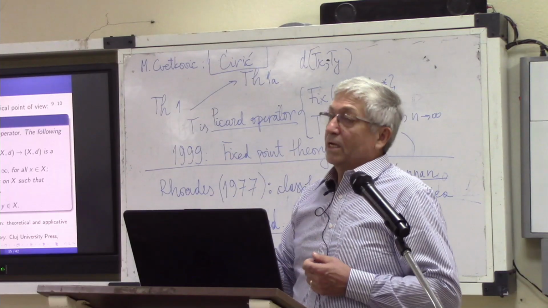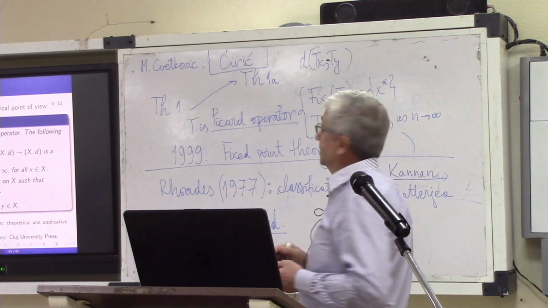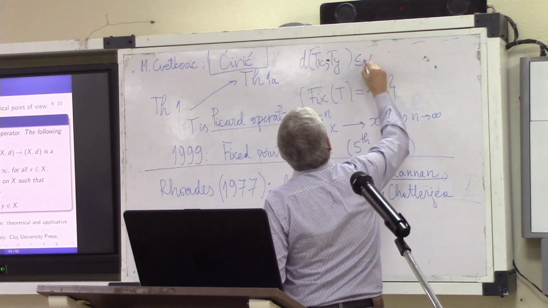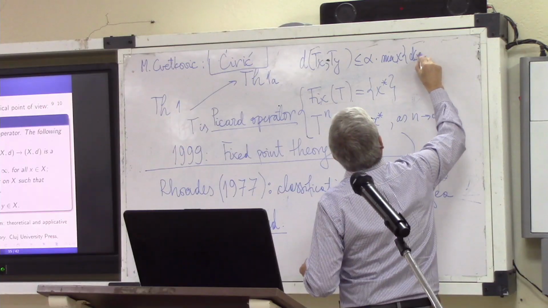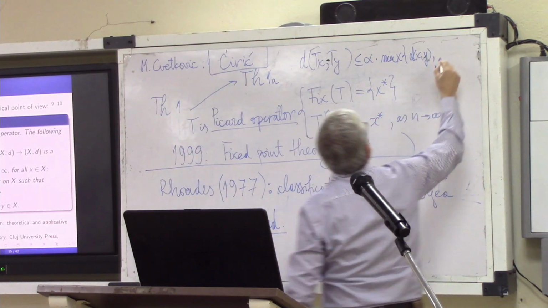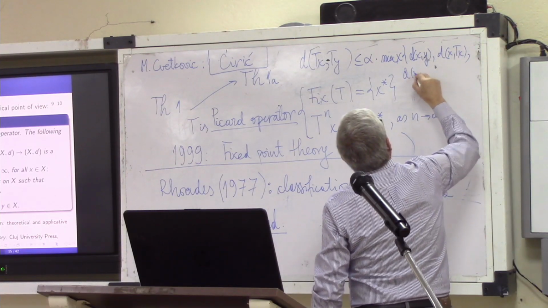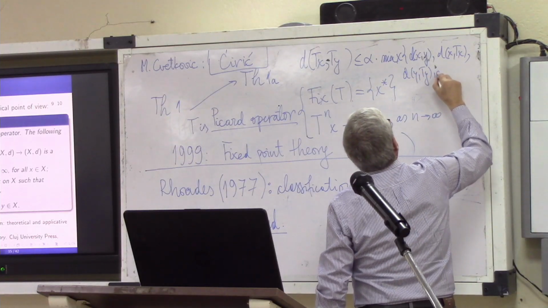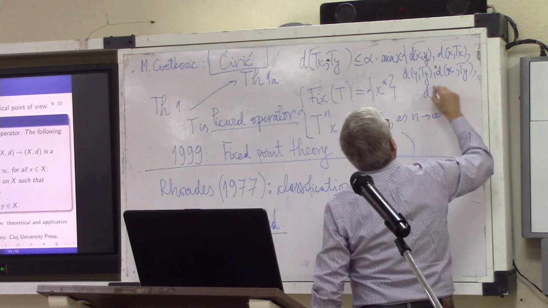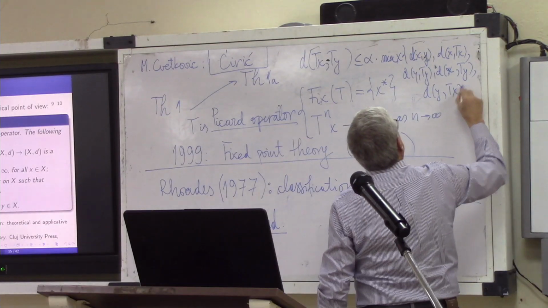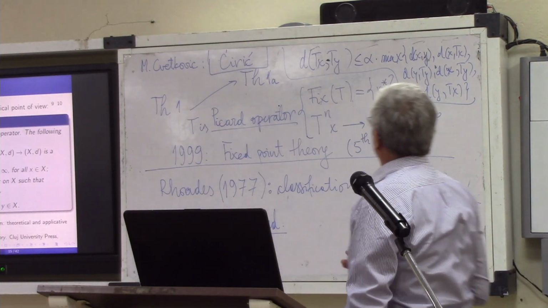He is, by the way, the founder of fixed point theory in former Yugoslavia, in Serbia. And his condition is this one. It is the most general, so it includes all these distances: d(y, Ty), d(x, Ty), and d(y, x). A very nice condition, and the most general in this class of conditions.